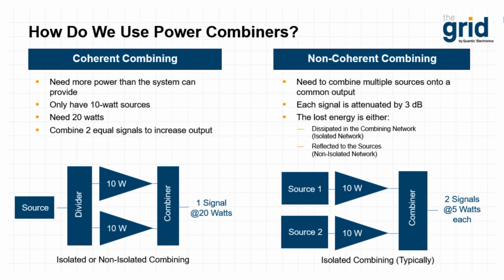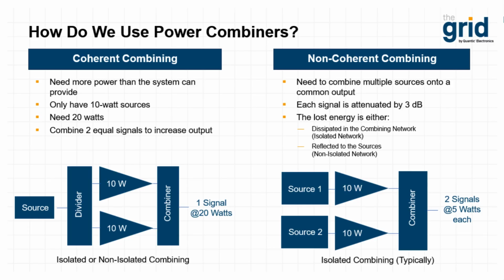A good example of that is, say, you need to have 20 watts available to your output, but your amplifiers can only generate 10 watts. In that case, you want to take your source signal, divide that source signal so that you have two equal signals, run them through two amplifiers that are exactly the same, and then take those two signals and combine them together. In that case, you can have two 10-watt sources creating a 20-watt total signal.